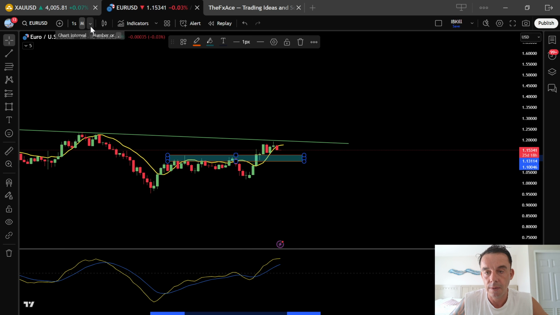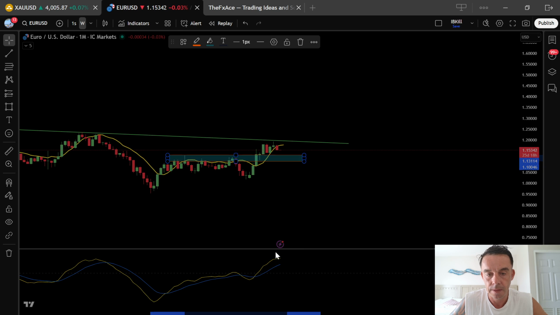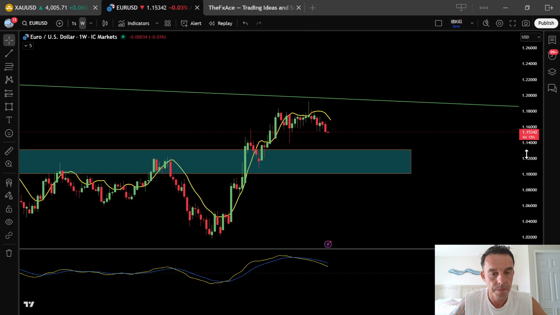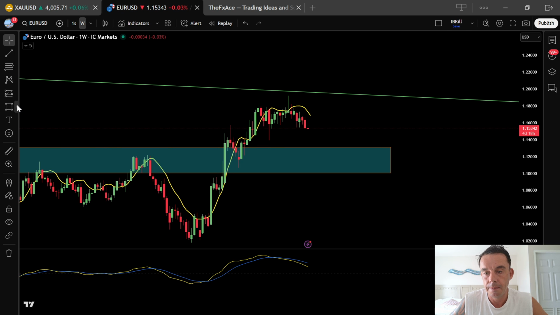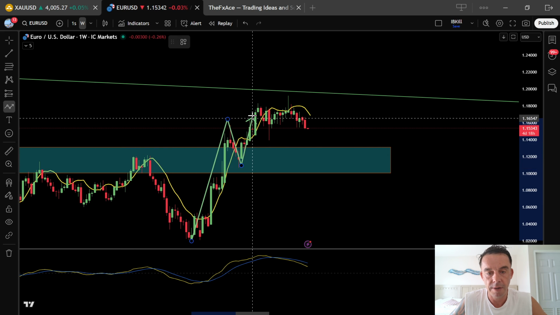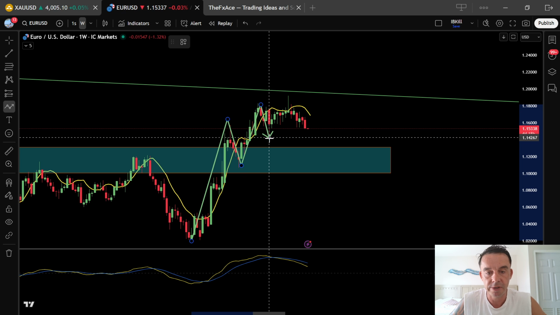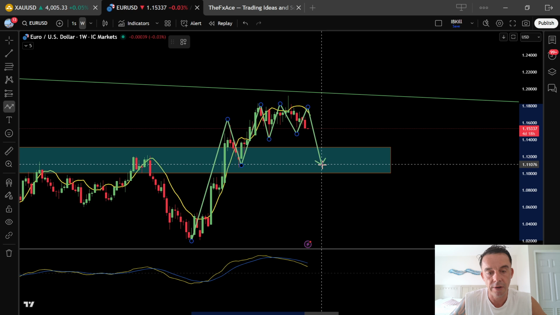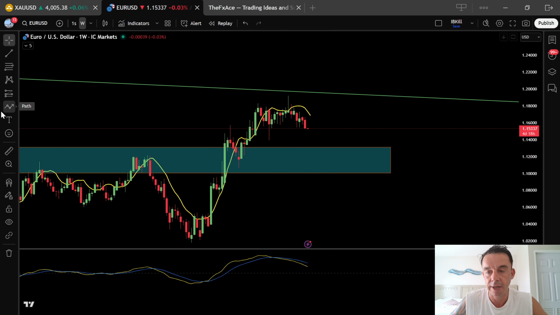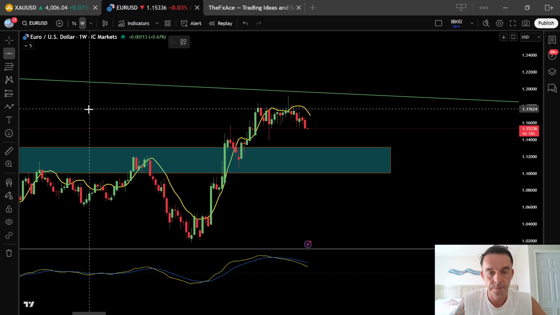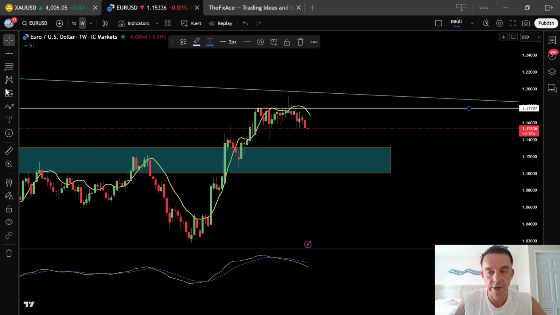Zooming into the weekly chart. The market has been moving up, then you see the trend line. We've moved into a sideways period of distribution, this range here.